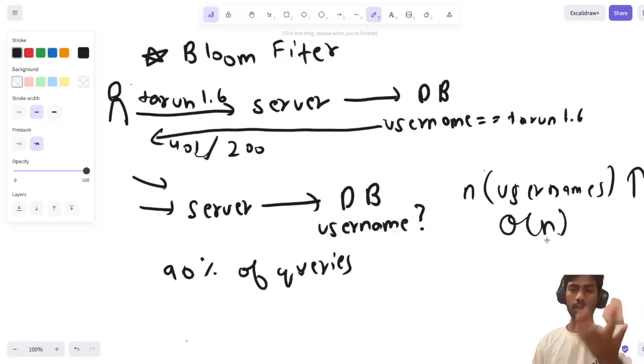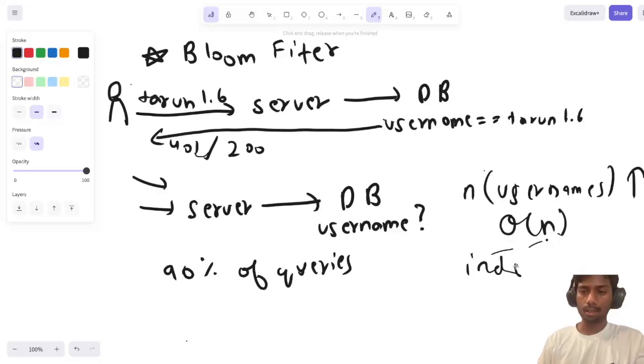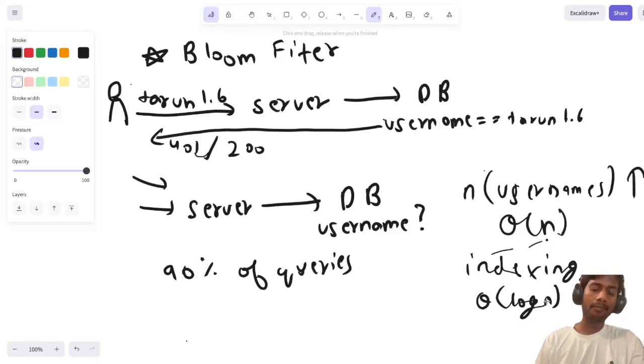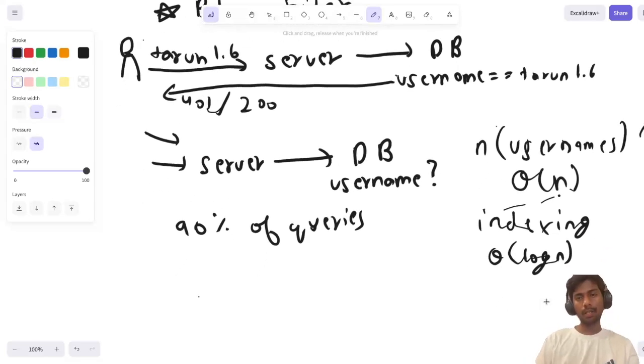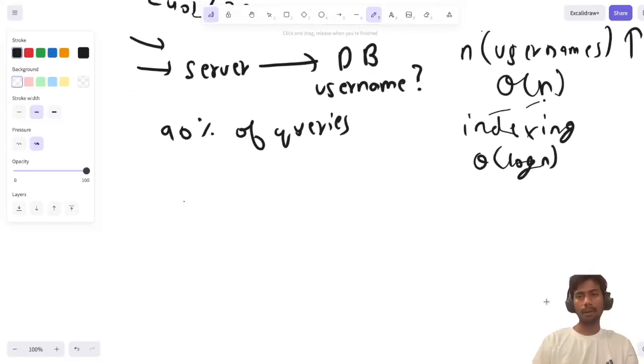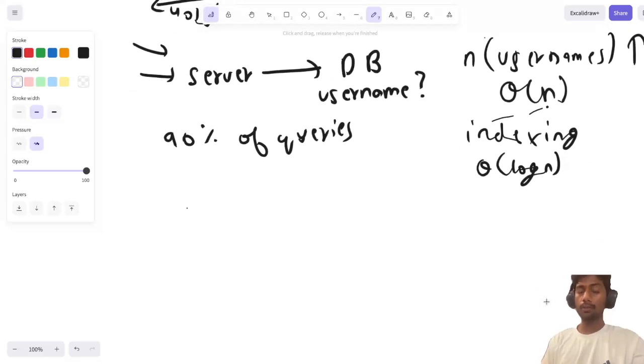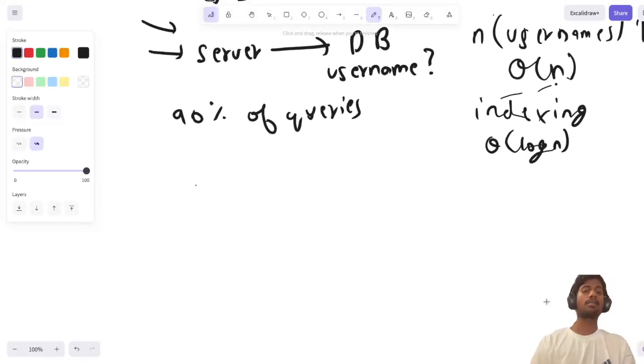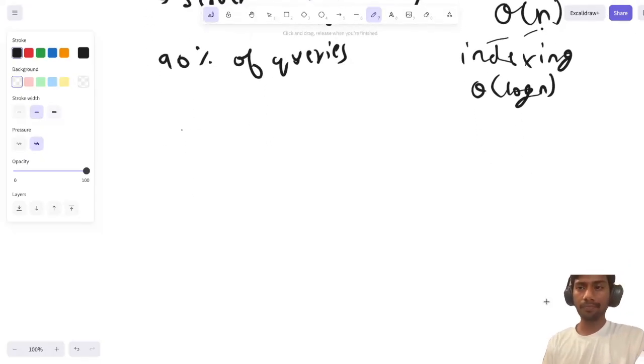And here we can use the concept of indexing and achieve O of log n time. But still, it is quite wasteful to keep asking the database, even though there is a very high probability that the key does not exist at all, right?